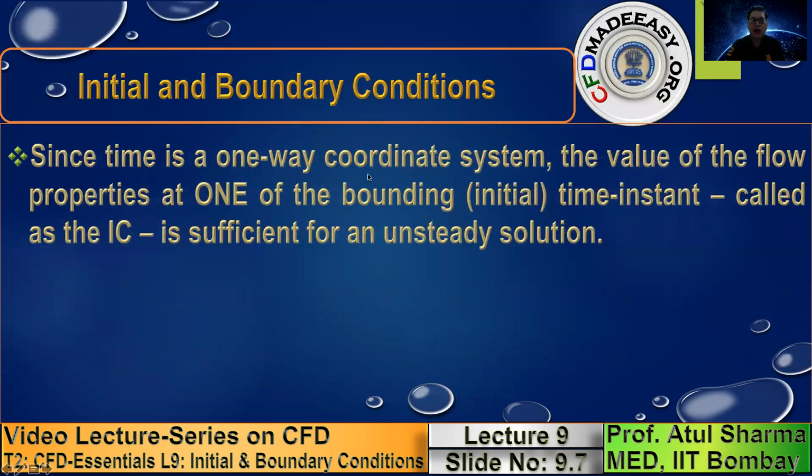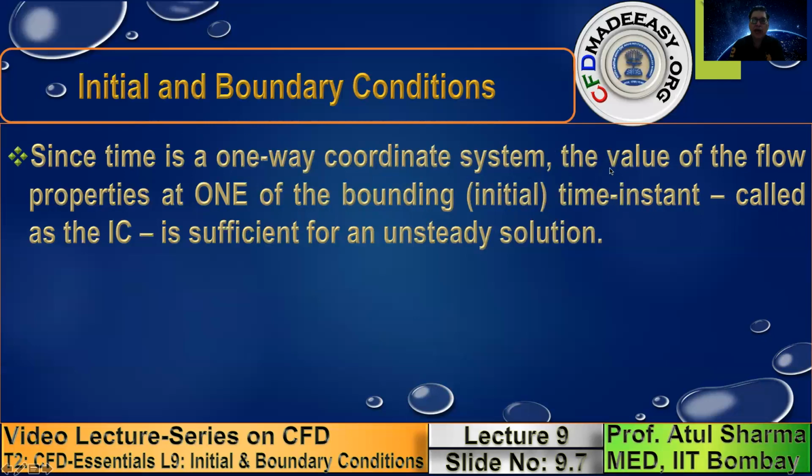What is happening now depends on the sequence of events in the past, but is independent of future events. The flow feature is dependent on the past but not on the future.